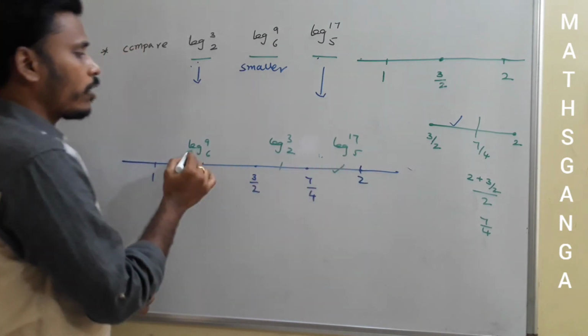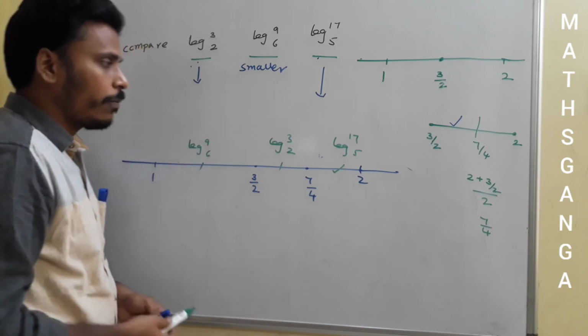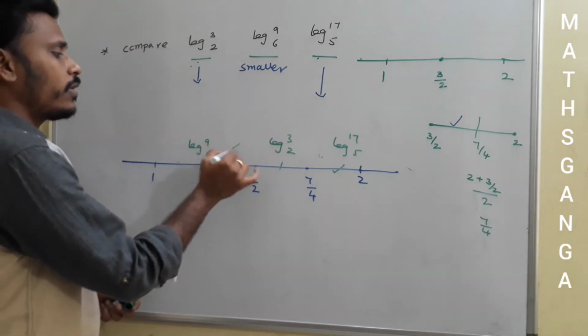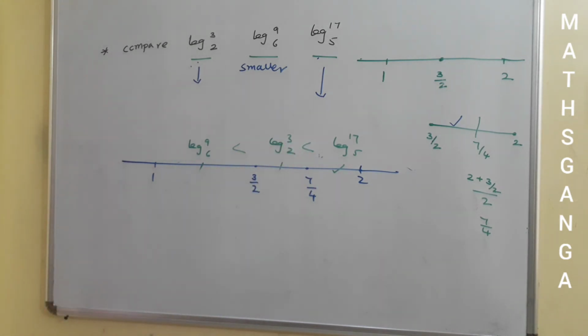Okay, so among these three, log 9 base 6 is smaller, and the next smaller number is log 3 base 2, and the next smaller number is log 17 base 5. At the end, this is the comparison between those three given logarithmic values. Just have a look.